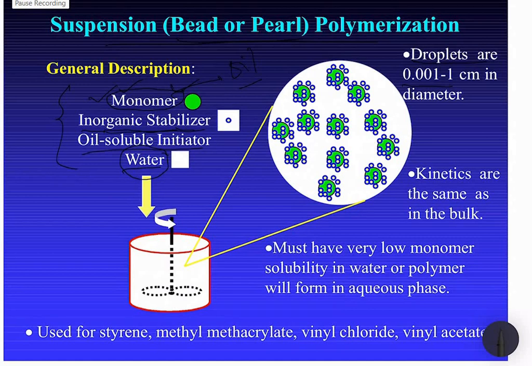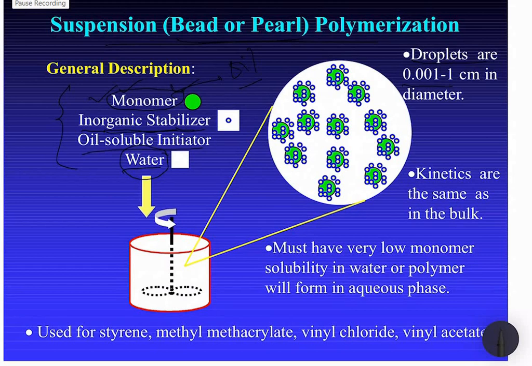The initiator being used is of course monomer soluble, or what we call an oil soluble initiator, soluble in organic solvent and insoluble in water. Here you see that the system is heterogeneous, with water insoluble monomers and water insoluble initiators being suspended in water with the help of a suspending agent. So this is the normal suspension polymerization system.